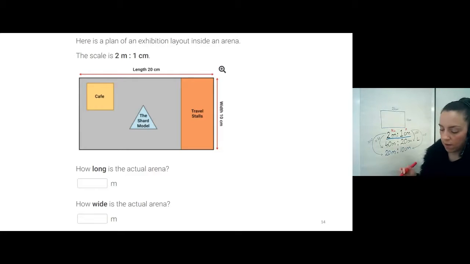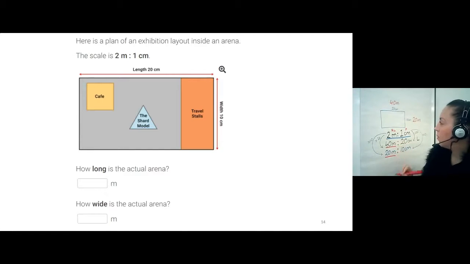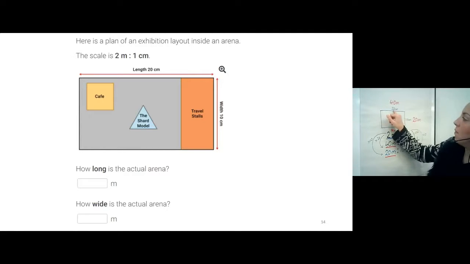So you should have 40 metres for the length and 20 metres for the width, which kind of makes sense. When you look at the real life measurements, you can check yourself. This was in the scale, it's a rectangle, and even in the scale, this amount was half of this.